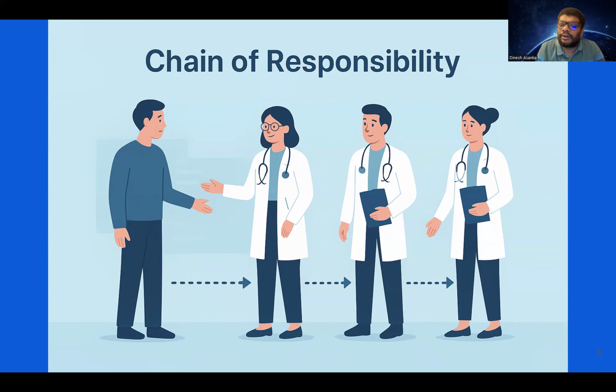So you go to the referred doctor and get medicines, but that doesn't solve your illness. You go to another doctor. So you go along this chain until you get a proper response, a solution. Chain of responsibility is something similar: a design pattern where you go through a chain of actions until you get a solution.